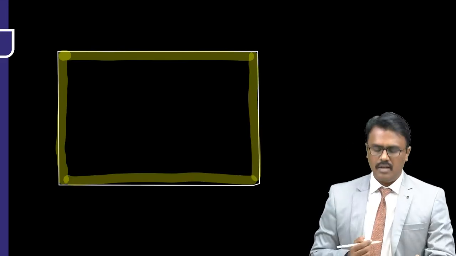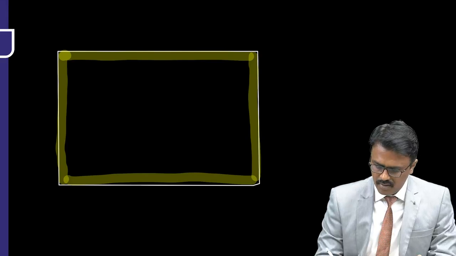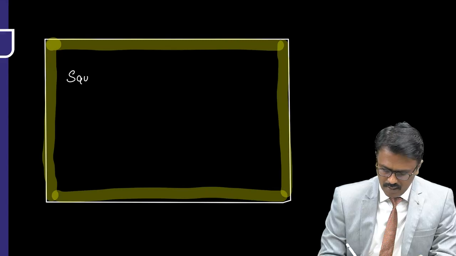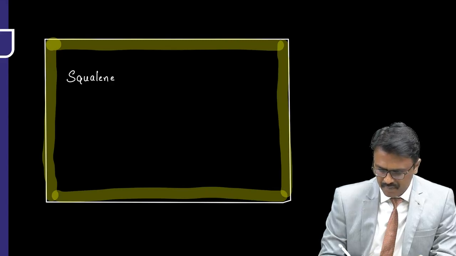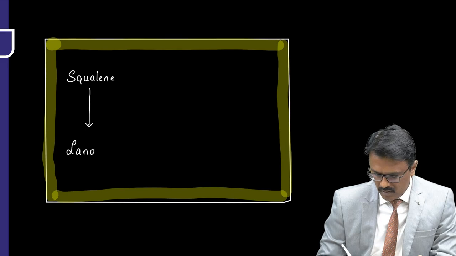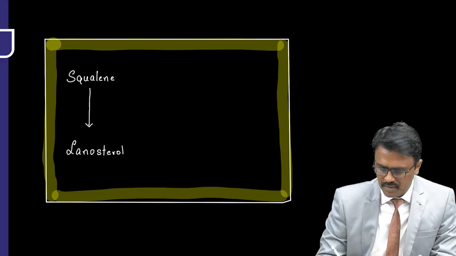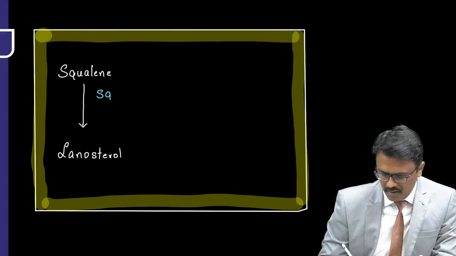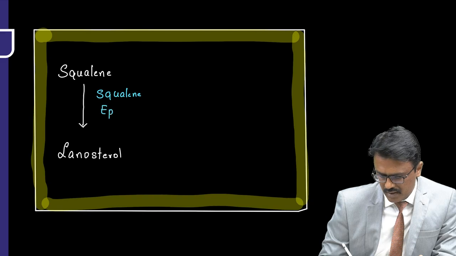Now, in the fungus, there are certain metabolic processes going on. There is something called squalene. Squalene will get metabolized and give rise to something called lanosterol. The enzyme which converts this is called squalene epoxidase.